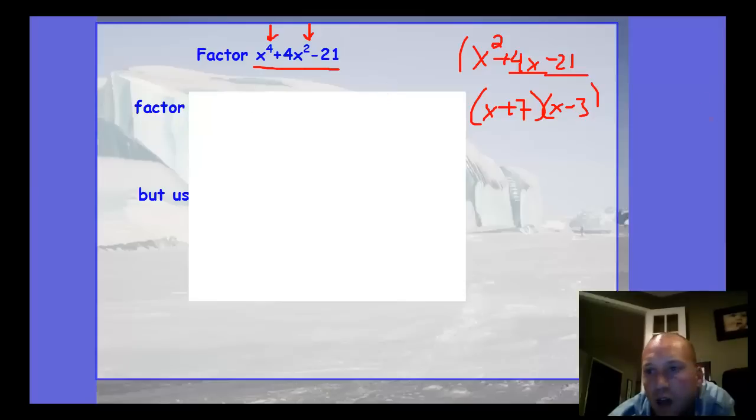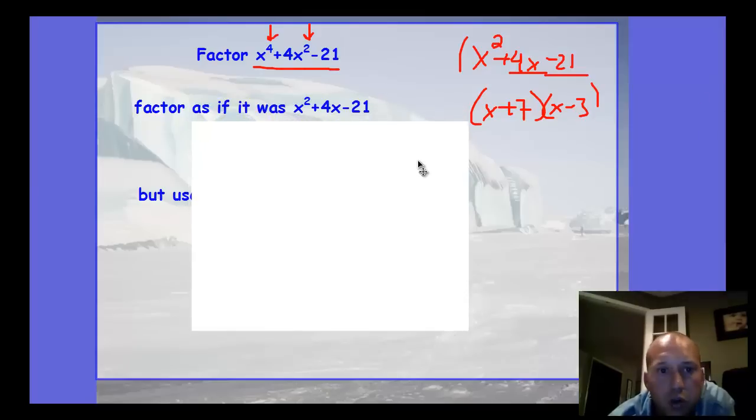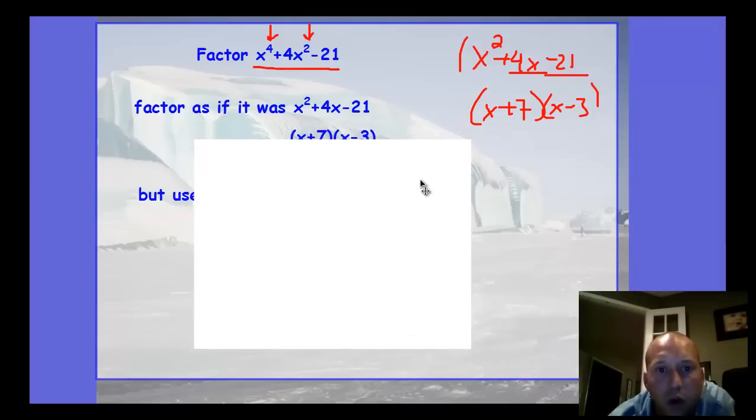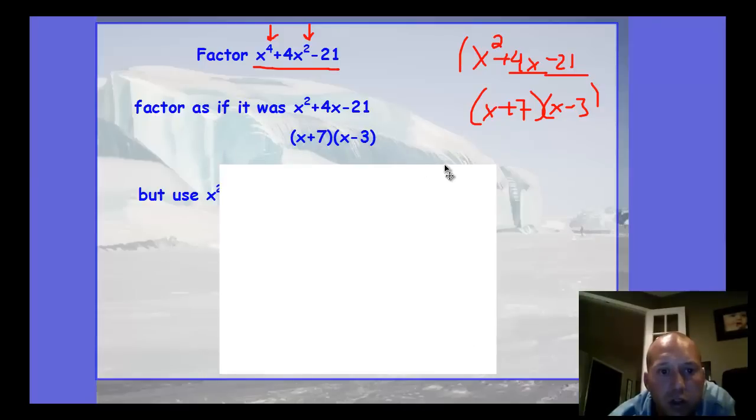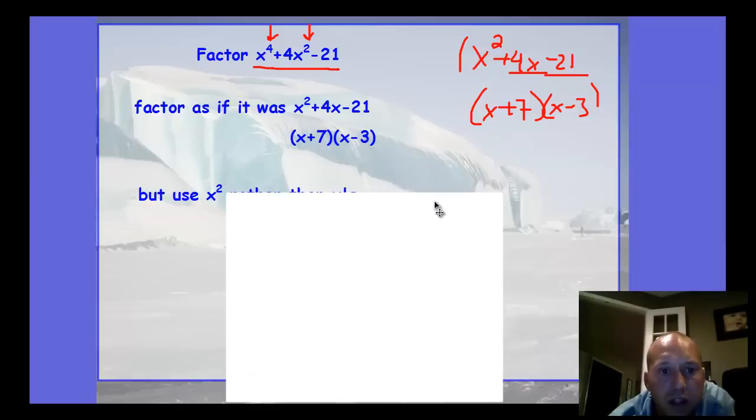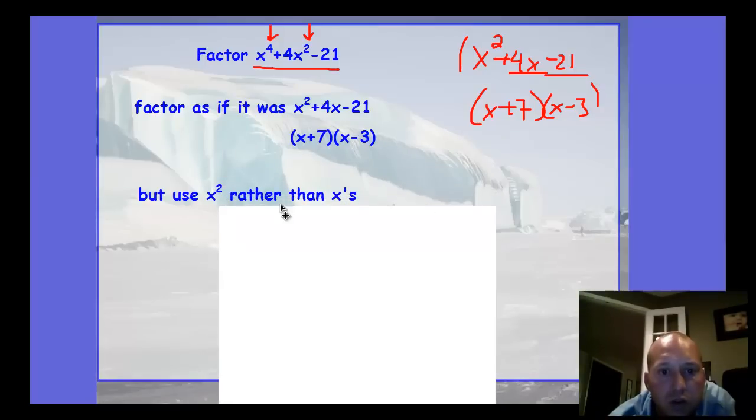So that's what we're doing here. We want to factor that. I'm just showing you we factor as if it was that quantity, which I just did for you. But we're going to do the same thing, but instead of using x's, we're going to use x squared when we factor it. So when we break it up, we're just going to put x squared and x squared.